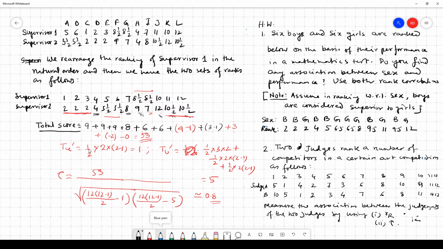do you get total score 53 or different? And what about the tau? Did you get enough time? Please tell me.